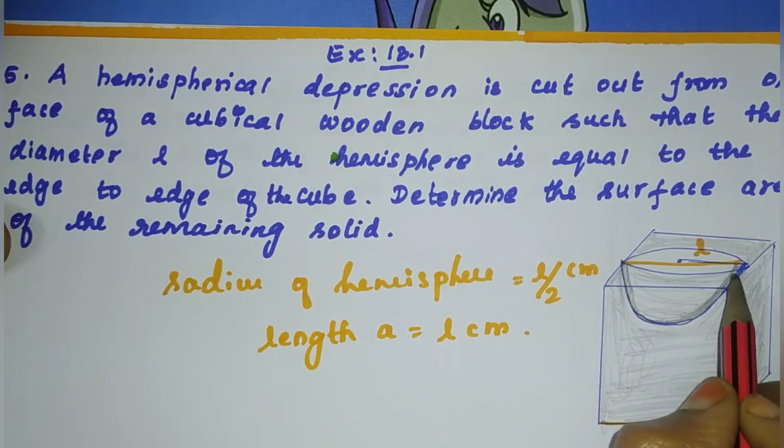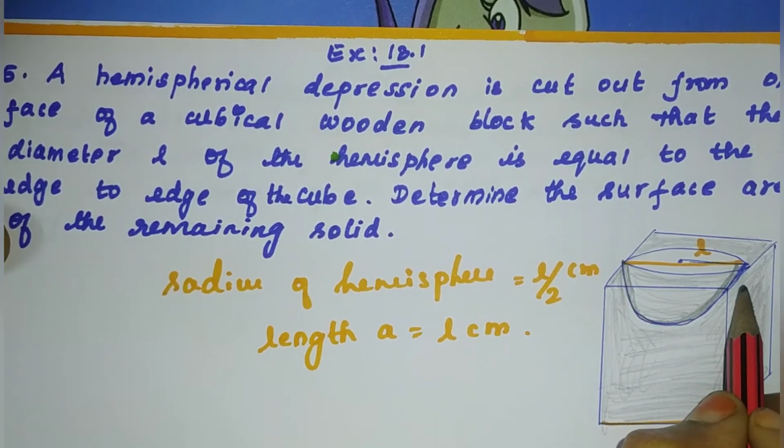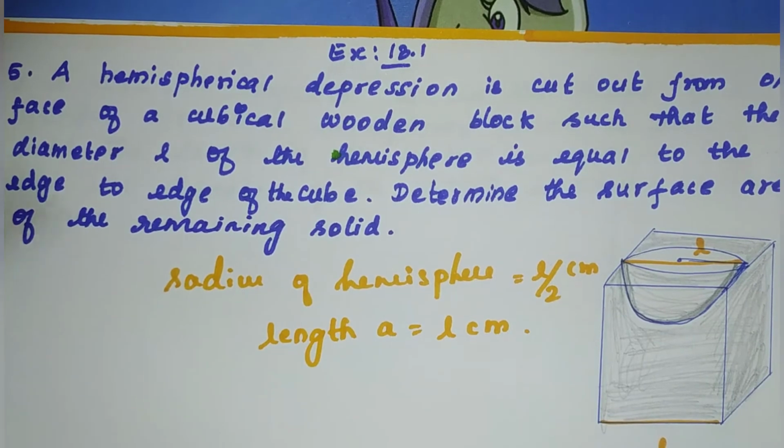It looks like a circle, so you have to subtract pi r square from this.